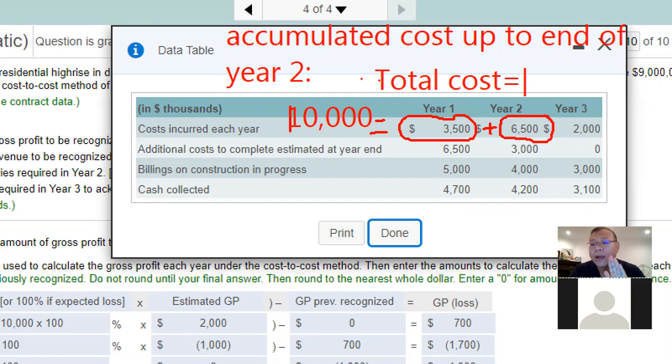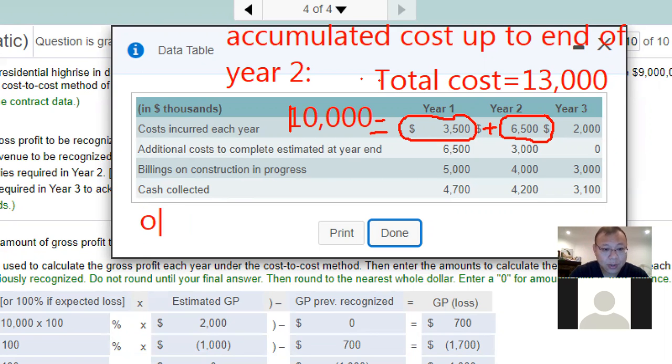So the total cost estimate is 13 million, right? And the contract price is 12 million, right? So now you realize this is the onerous contract, right?